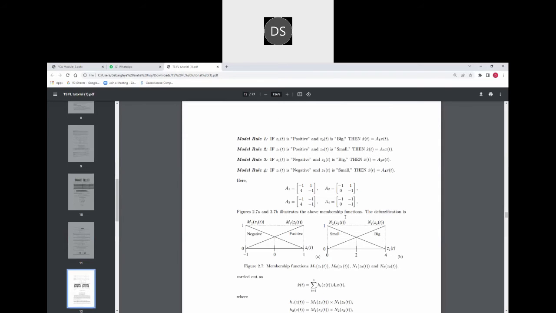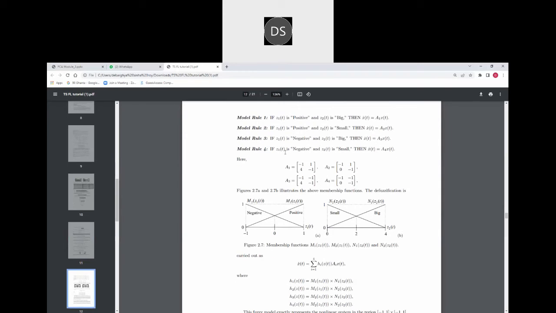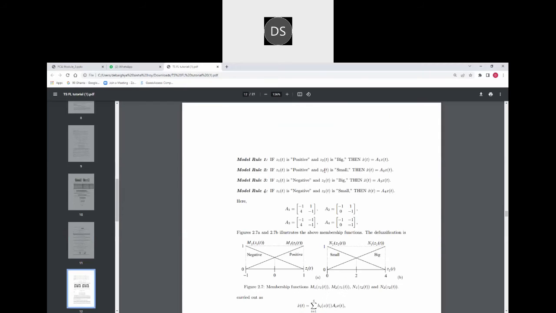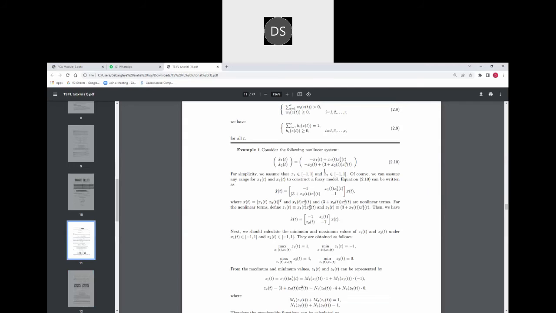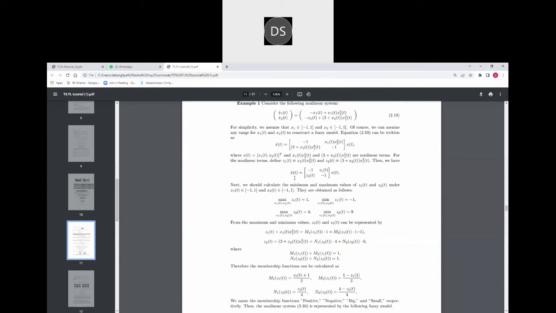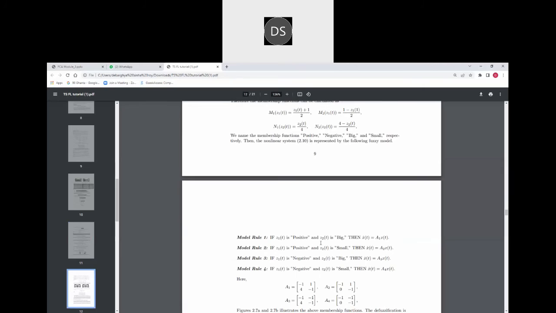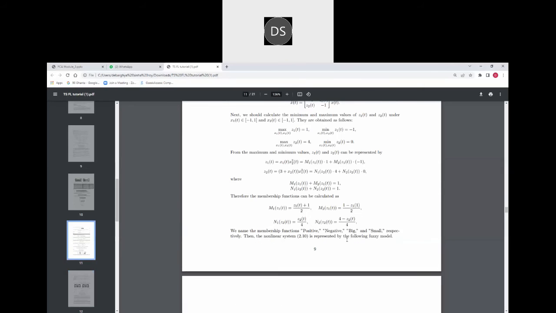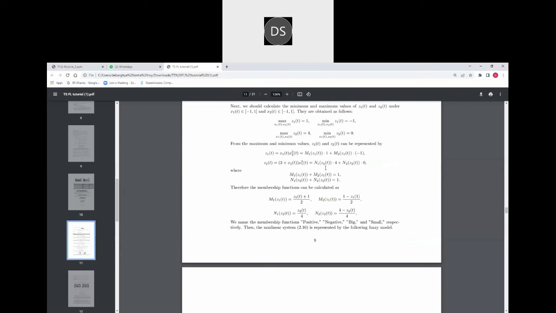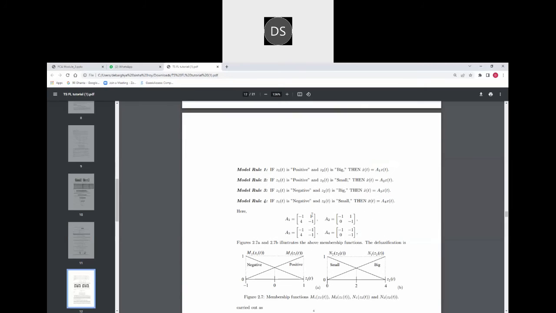So going to model one, the A1 will be -1, 4 and -1. We get this by using the equation x dot is equal to [-1 Z1; Z2 -1] x(t). Here both Z1 and Z2 are at their positive and big values, so we will use the maximum of both of them, which are 1 and 4.